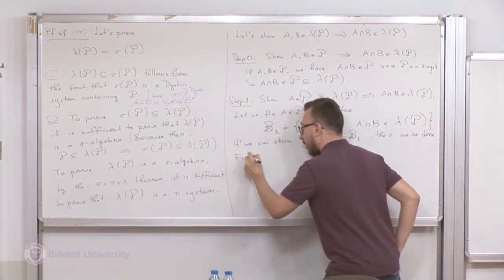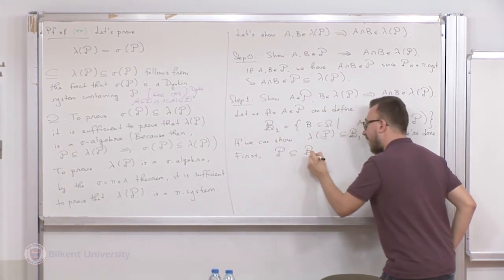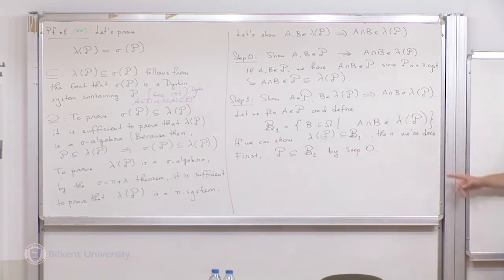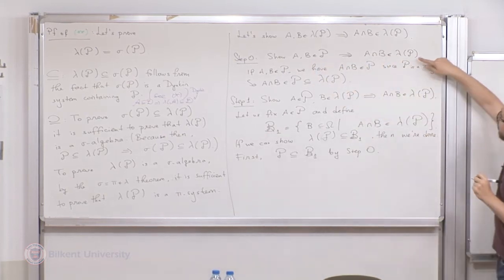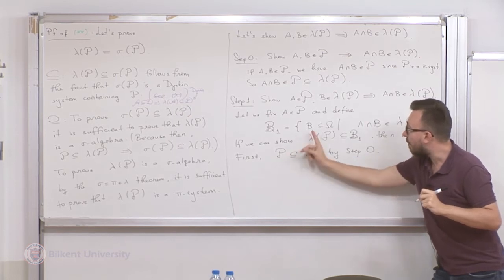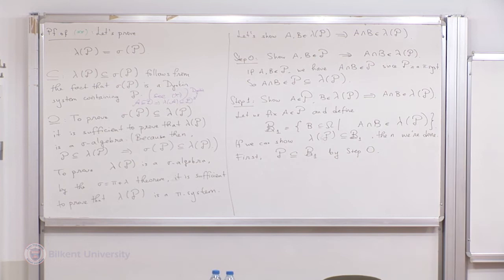First, P is a subcollection of B1 by step 0. Because in step 0, we showed that if B is coming from P, then A intersection B is in lambda P. So this is by step 0.